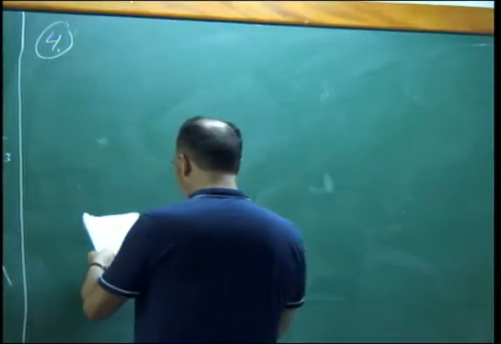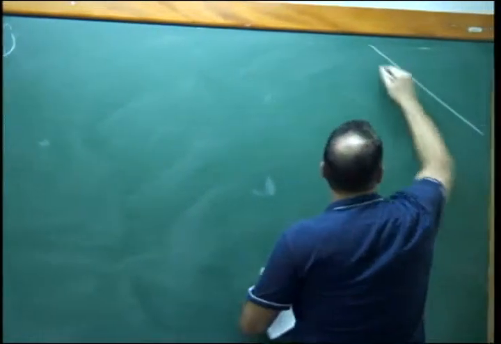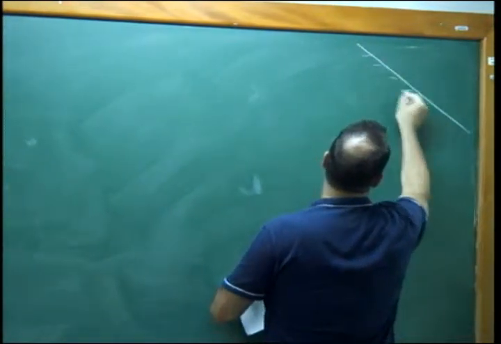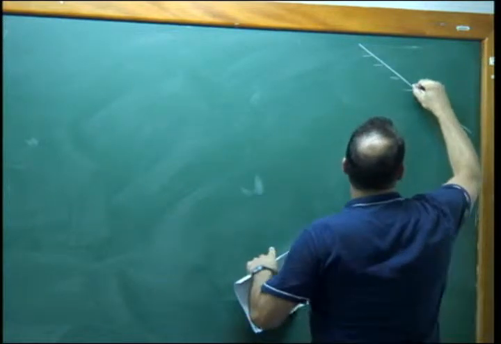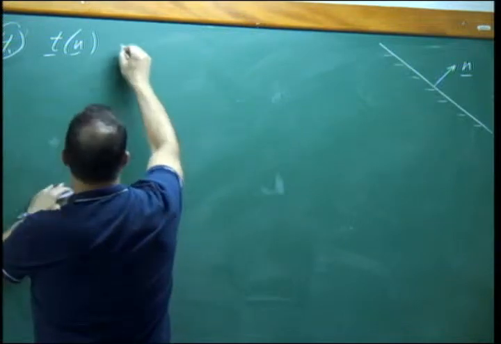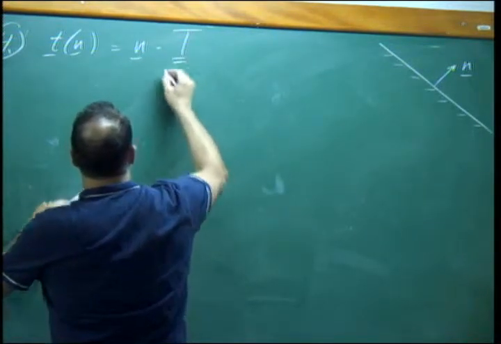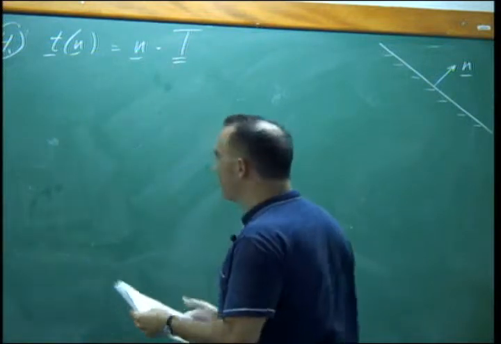we can define a stress vector. So if we have a surface with a unit normal n, so if we project T onto n, that gives us then a vector.